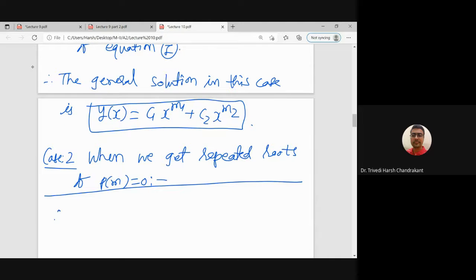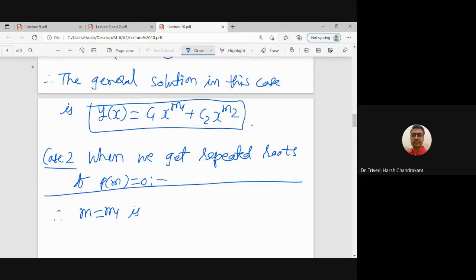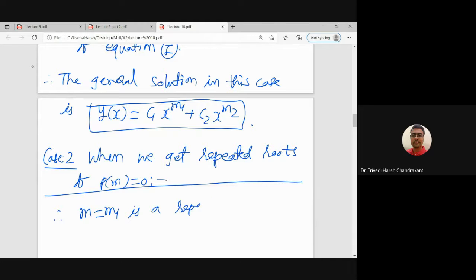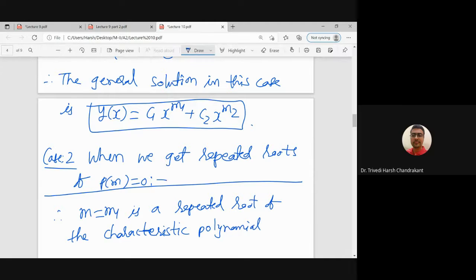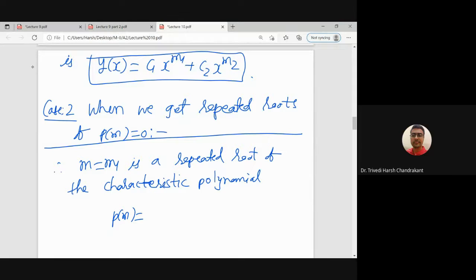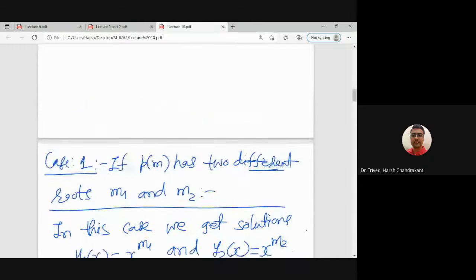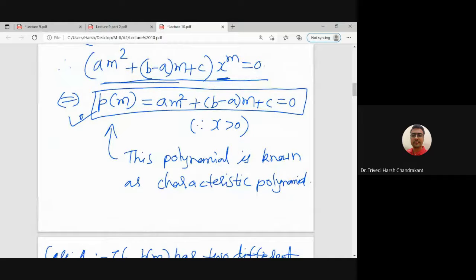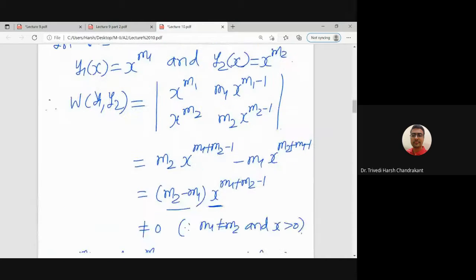This means m equals m1 is a repeated root of the characteristic polynomial. So the polynomial is Pm equals am square plus b minus a m plus c equals 0.